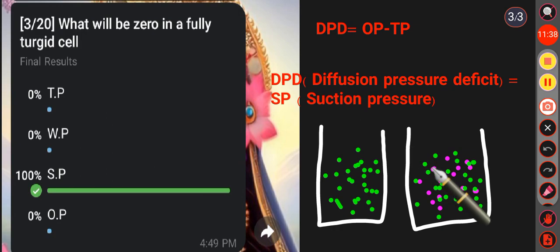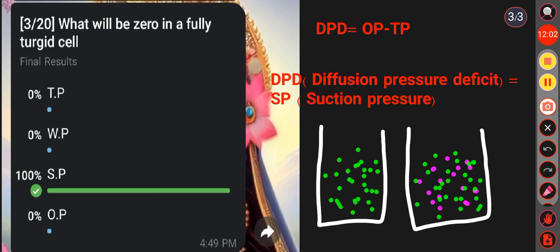If a sugar solution is made in water, then the diffusion pressure of the solution is lower than that of water. So the amount by which the diffusion pressure of a solution is lower than that of its pure solvent is called DPD. DPD means diffusion pressure deficit.